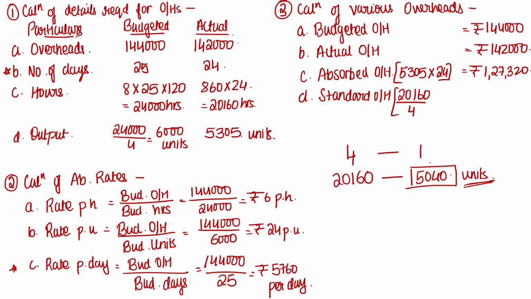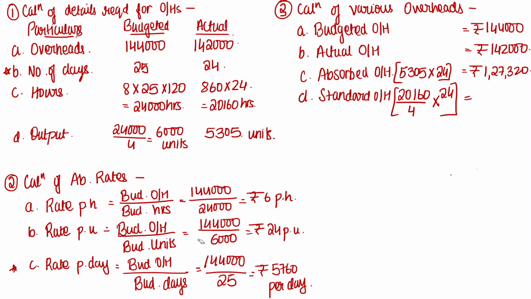These are the standard units that I could have made in the actual time, and I could have absorbed this much rupees. So what is my standard overheads? 1,20,960 rupees.